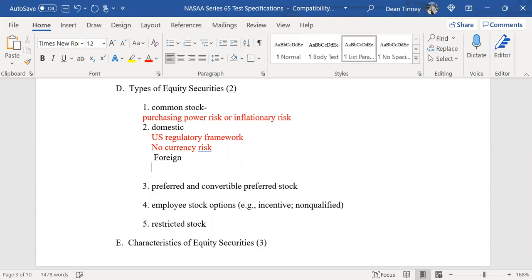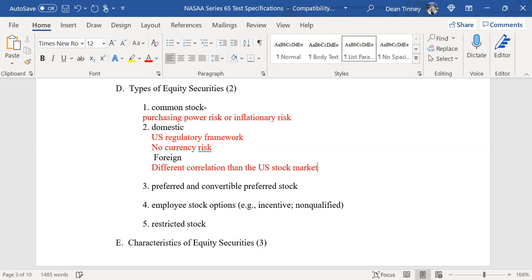Sometimes I'll even use the word negative correlation. I'm not comfortable using that word in this regard, but different correlation. I'll just say it that way for purposes of our explanation. Different correlation than the U.S. stock market.